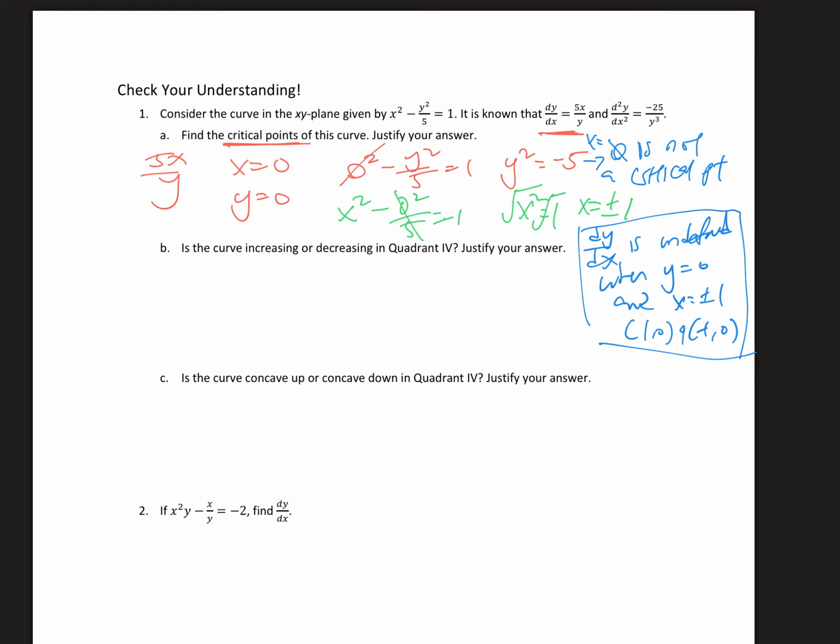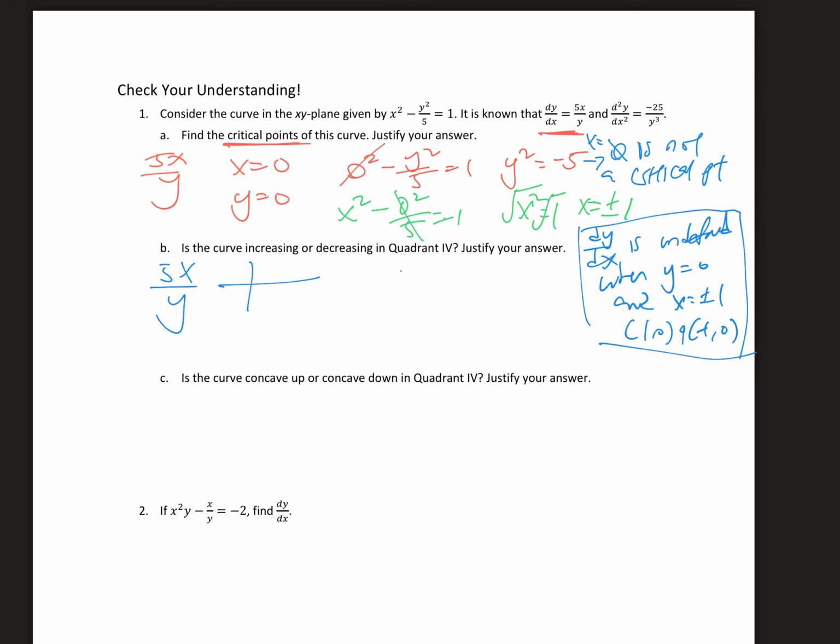Part B, is the curve increasing or decreasing in quadrant 4? Justify your answer. Well, if I'm looking for increasing or decreasing of a graph, I know I'm looking at the first derivative once again, 5x over y. I have to think about quadrant 4 in terms of my x and y values.